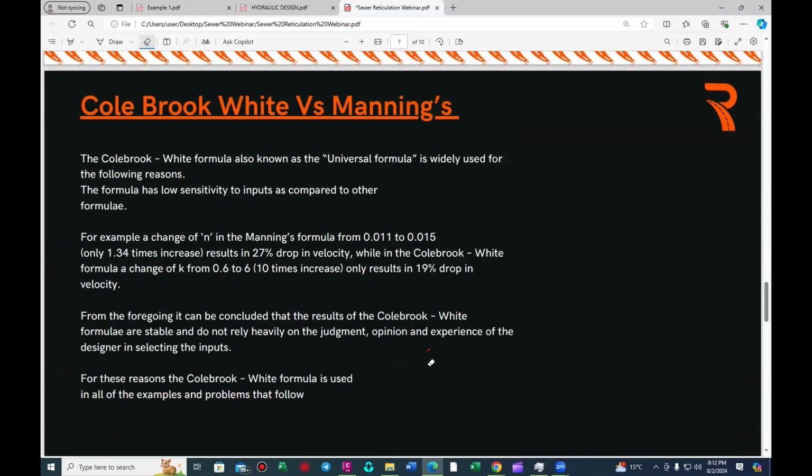I hope you guys were taking notes of everything I was talking about, because now we are going to see how we apply it. Now is the culmination of this entire thing. Just take note of this, because usually the wetted perimeter requires someone who's experienced, because there are a number of engineering judgments that you need to make there. But for the Colebrook-White, it does not rely on your judgment or require your opinion. We are just taking the values as they are, plugging them in, and then getting your cleansing velocity.